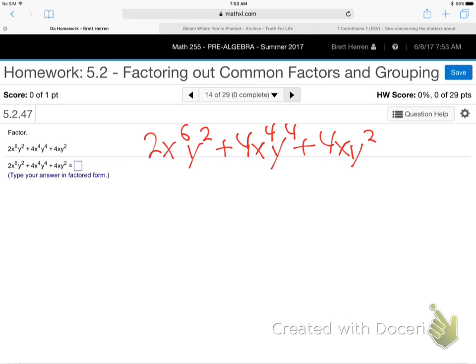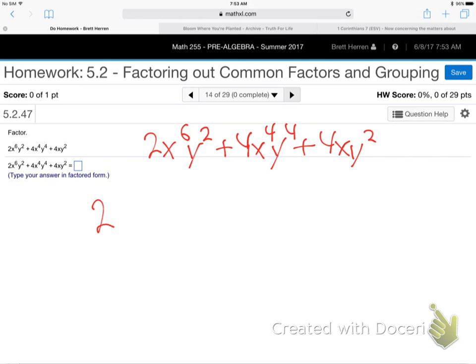So what goes into all those? 2. So put a 2 in the front.